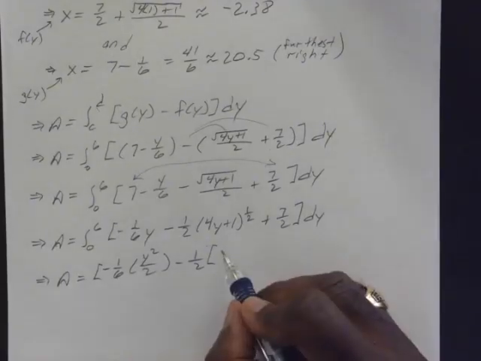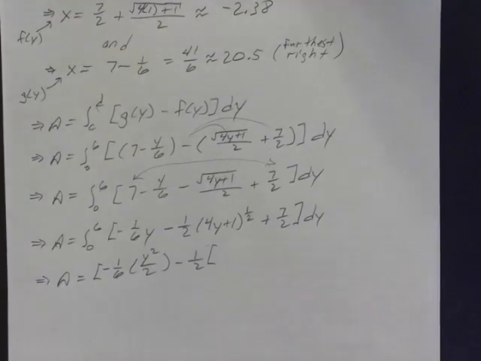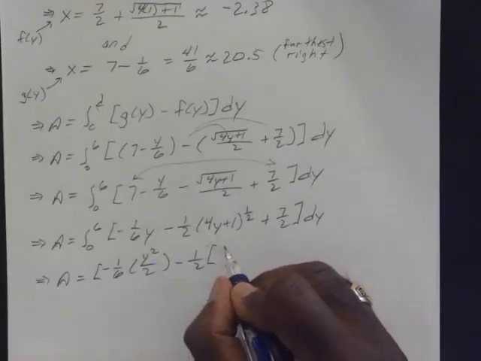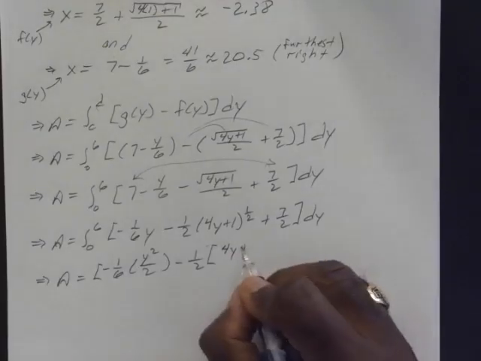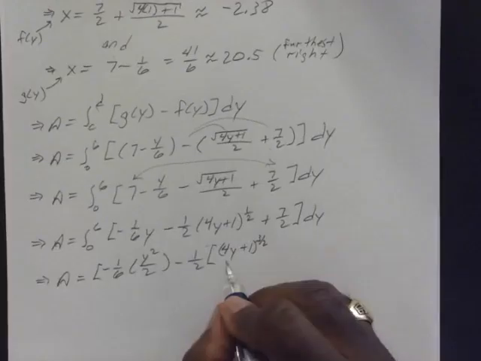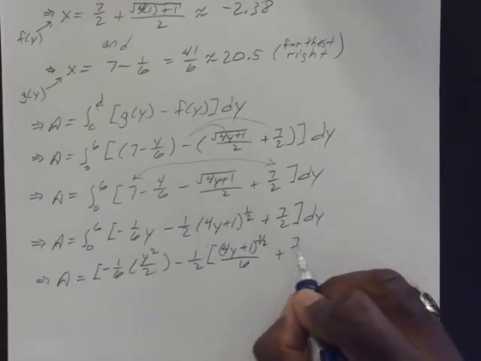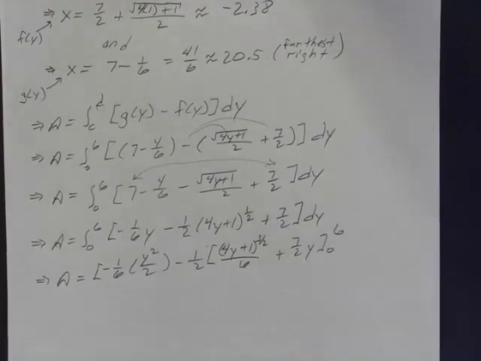So we have 4y plus 1 to the 3/2 power divided by 6, plus 7 over 2 y. And that's from 0 to 6.